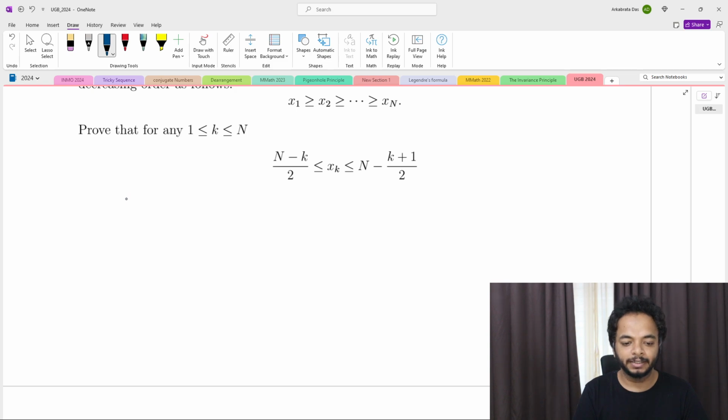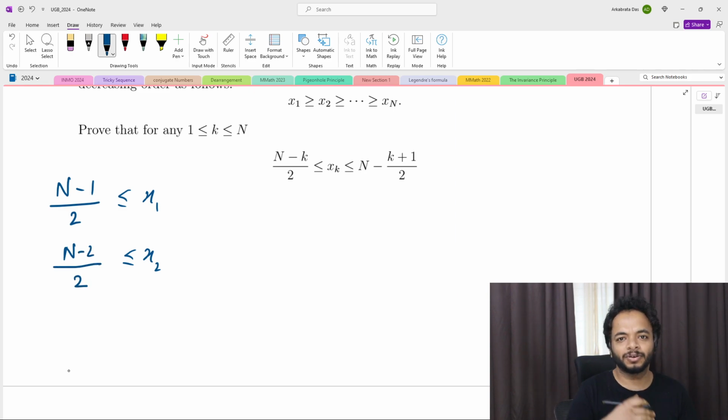You have to prove that x1 is greater than or equal to (capital N minus 1) by 2, and then you have to prove that x2 is greater than or equal to (capital N minus 2) by 2, and so on and so forth. So what's the idea?